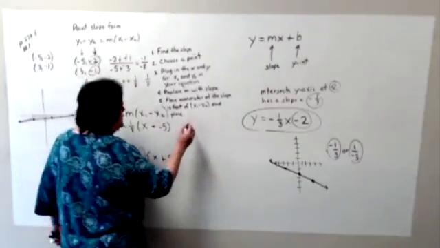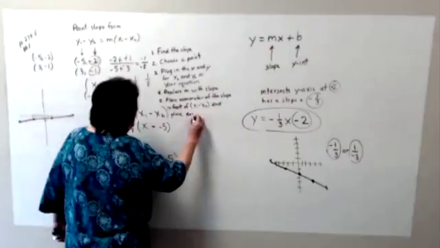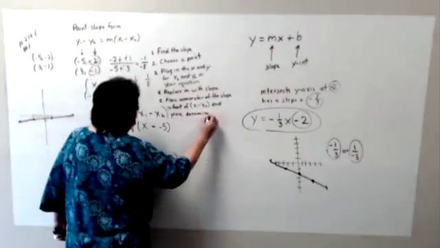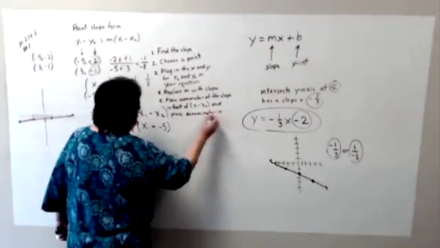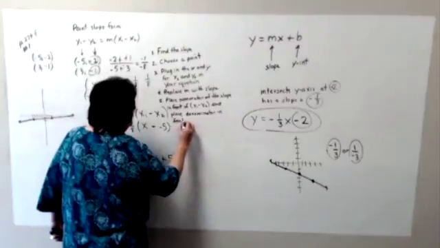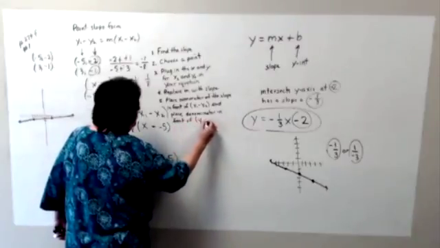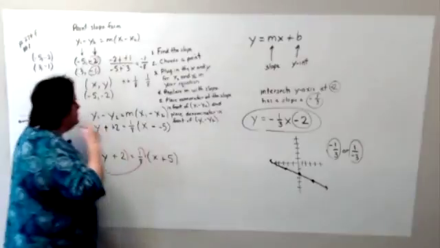Set of parentheses, and place the denominator in front of y1 minus y2.